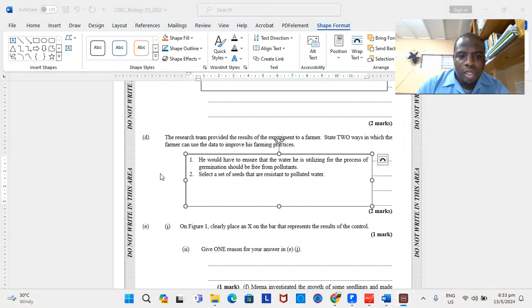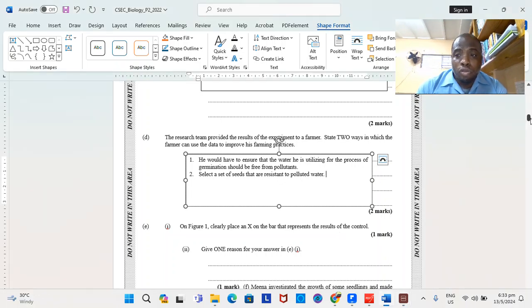So part E speaks to, and we have to remember, when CXC gives you an instruction, follow the instruction. Even for this paper, I've been indicating certain things on it, but follow the instruction. It says on figure 1, clearly place an X on the bar that represents the results of the control.